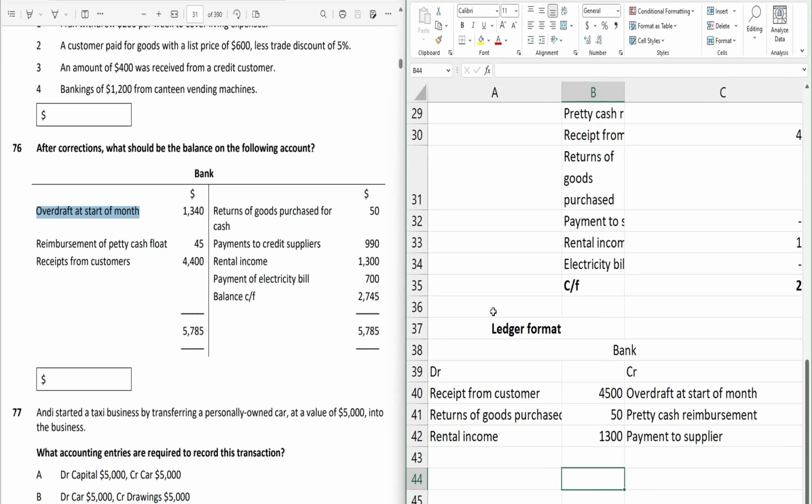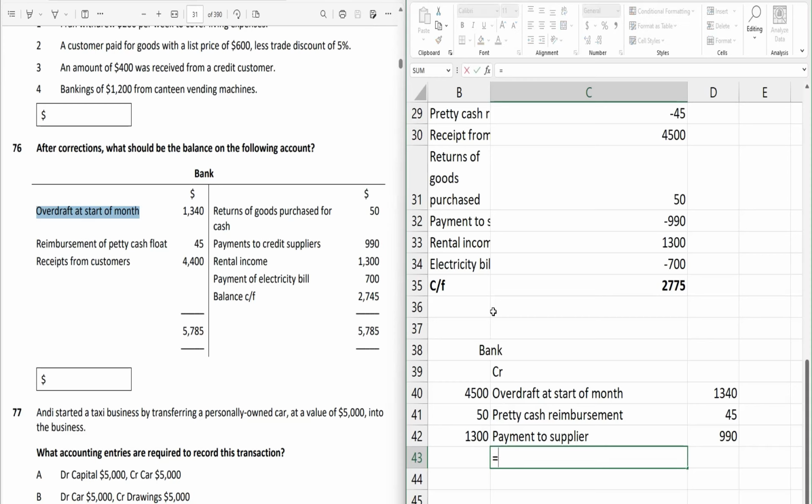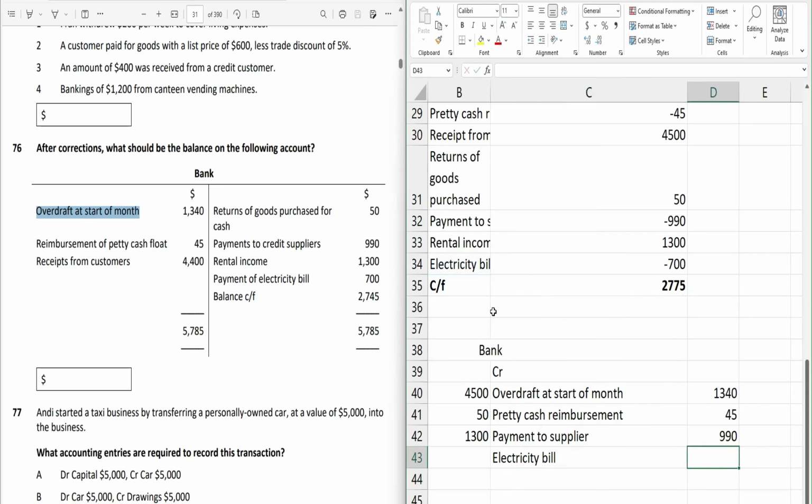Then we have payment of the electricity bill. Obviously we are making the payment, so it will reduce our bank balance. Okay, perfect, all done.